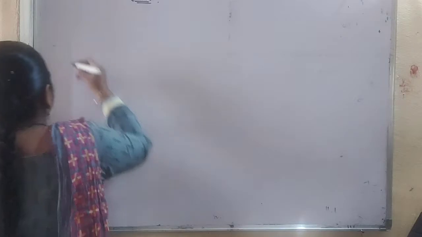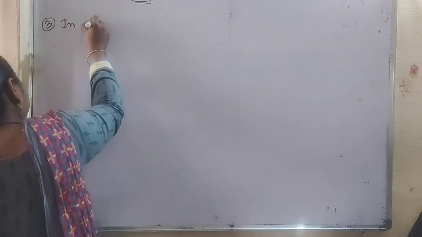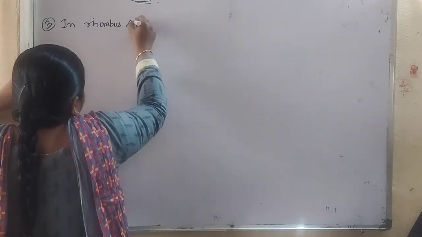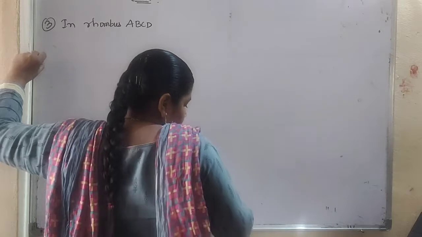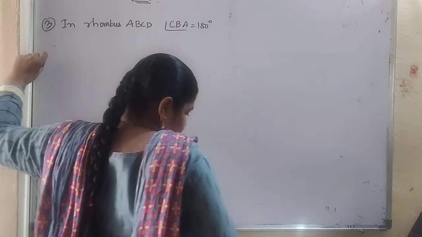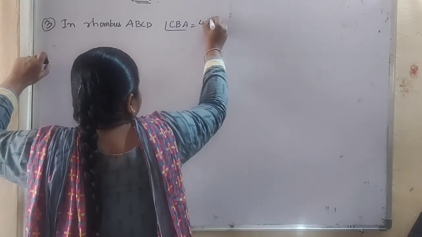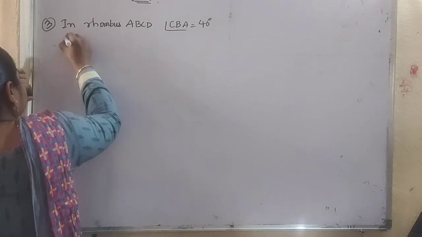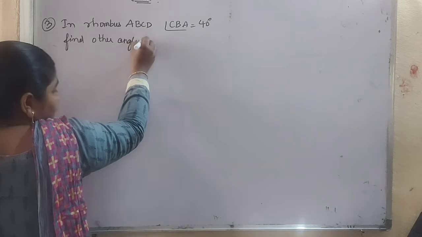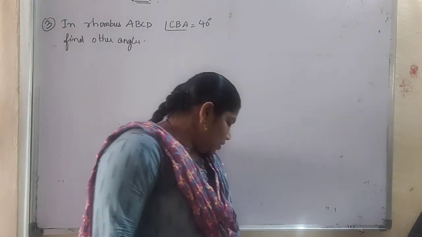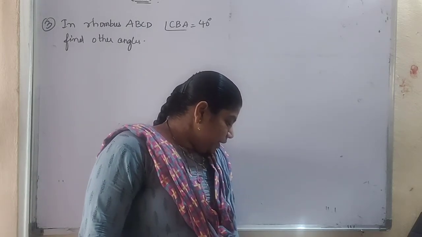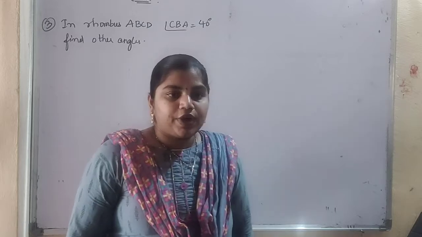So the third bit: in rhombus ABCD, angle CBA is equal to 40 degrees. Find the other angles.